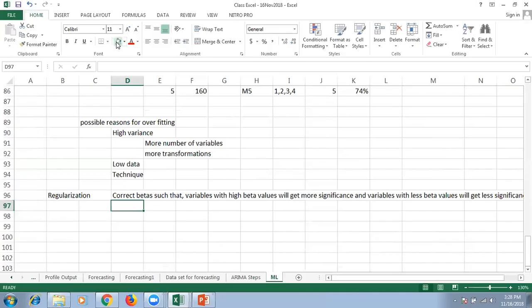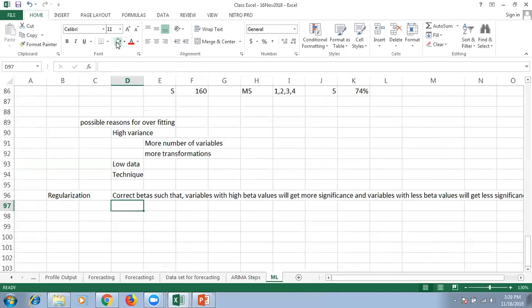And high significance is nothing but high driving. Not correlated, because correlation is about a linear relationship. I'm not worrying about what type of relationship it has. Does that make sense?